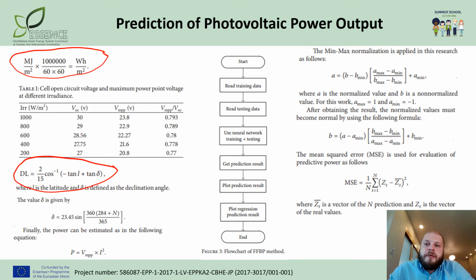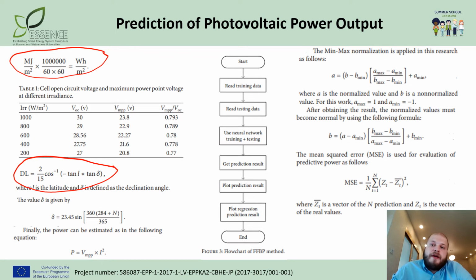The feed-forward backpropagation method is used as one of the algorithms within the framework of this study. The authors in this paper also researched other algorithms, but at the final stage those algorithms were rejected and the feed-forward backpropagation network was proved to be more effective. The applied flowchart of feed-forward backpropagation is shown in this figure.